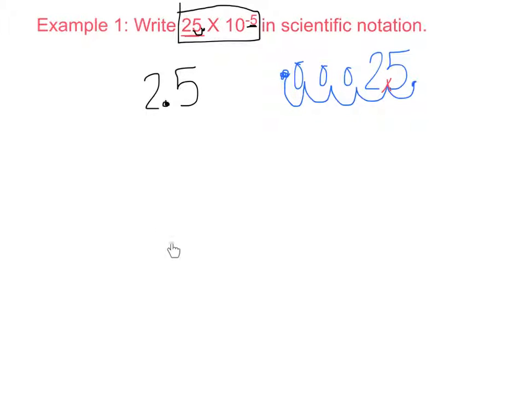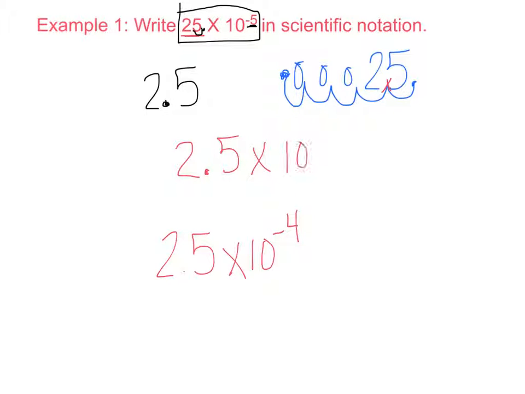So now it's just to the negative 4th power. So I can write that as 2.5 times 10 to the negative 4th power. There is also some work you can show for this. You moved your decimal 1 place back to the left, which is actually a positive movement. So you did 2.5 times 10 to the 1st power, but our original problem said 10 to the negative 5th power.